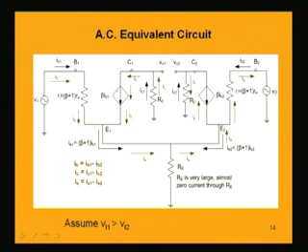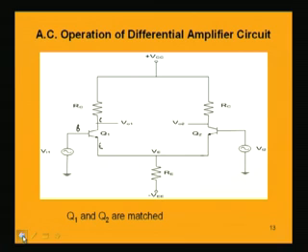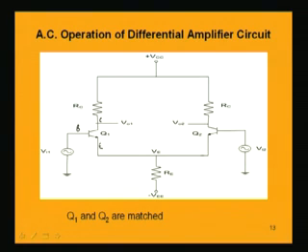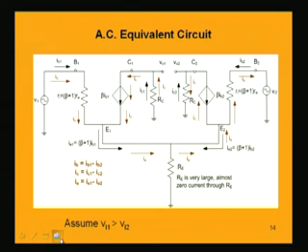If we now consider the collector point and look back into this circuit, the collector is connected through Rc. As we are considering the AC equivalent circuit, the DC bias VCC will be grounded, that is 0. That means the collector will be connected to ground through this resistance Rc in the AC equivalent circuit, and that is what is happening here.